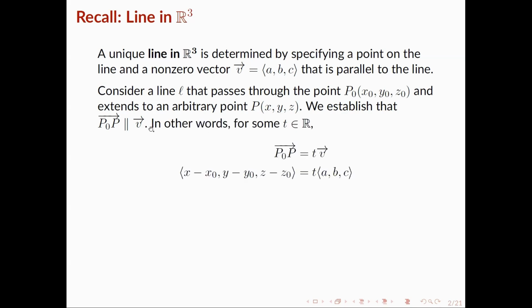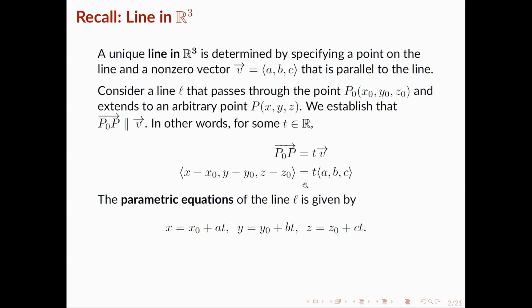In other words, for some real number t, the vector from P0 to P is equal to t times the vector v. Since the vector from P0 to P is given by ⟨x − x0, y − y0, z − z0⟩, this vector is equal to t times the vector ⟨a, b, c⟩.